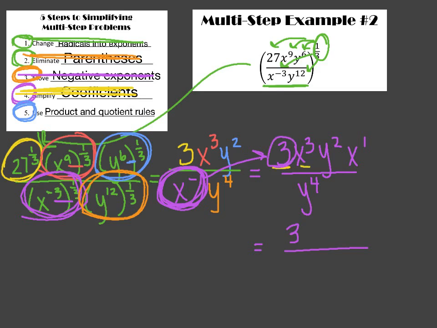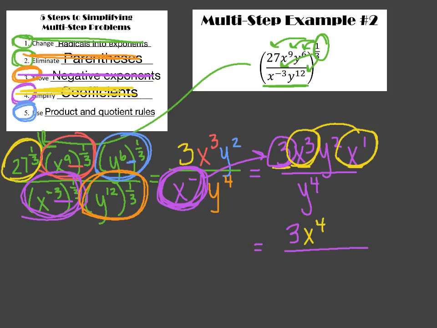I have 2 powers with the base of x here. I have to ask myself, are they next to each other, which means they're being multiplied, or are they on top of each other, which means they're being divided? Well, this x and this x are next to each other, on the same level, which means I'm going to add their exponents. So 3 plus 1 gives me x to the power 4.